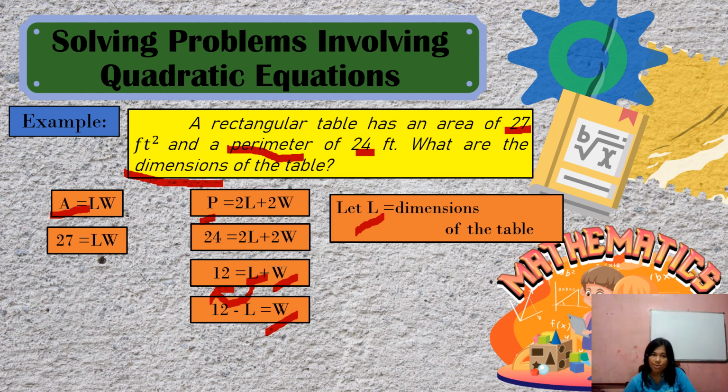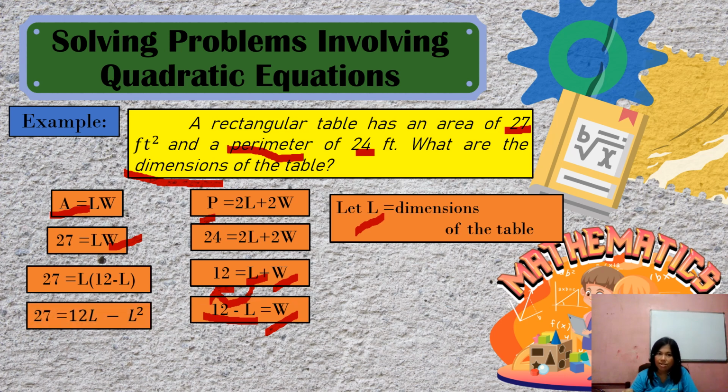Yung W natin, palitan lang natin ng 12 minus L. So, meron tayong 27 equals L times 12 minus L. Multiply natin sila. That's 12L minus L squared. Tapos, right into the standard form, meron na tayong L squared minus 12L plus 27 equals 0.